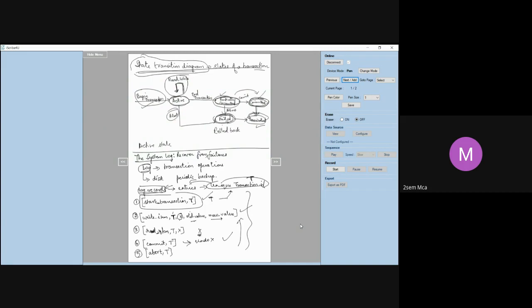It will keep track of all the transaction operations that affect the values of the database items. This log is required to allow recovery from failures. So what has happened before the transaction failed, that information I will be able to get from the log.